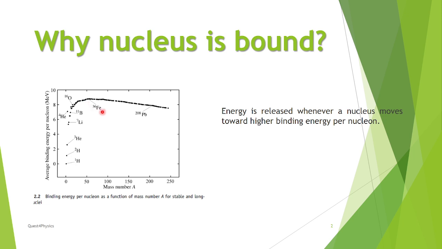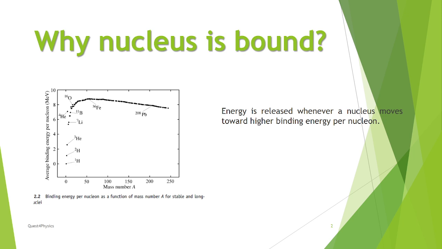As we move towards the medium mass, that is iron-56, the attractive nuclear force and repulsive Coulomb force are optimally balanced at this point, which makes iron a more stable nucleus. Now, as we move towards higher mass or heavy nuclei, although the strong force is still present here, it is short range and it saturates. It doesn't increase significantly with the size.